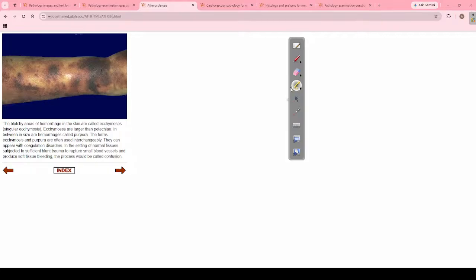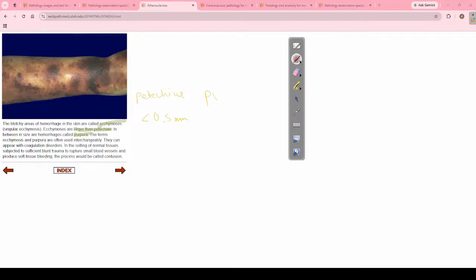So let's see. We have blotchy areas of hemorrhage. This is called ecchymosis. These are bigger than petechiae, larger hemorrhages, which is also called purpura. So in between, petechiae are generally less than 0.5 mm.